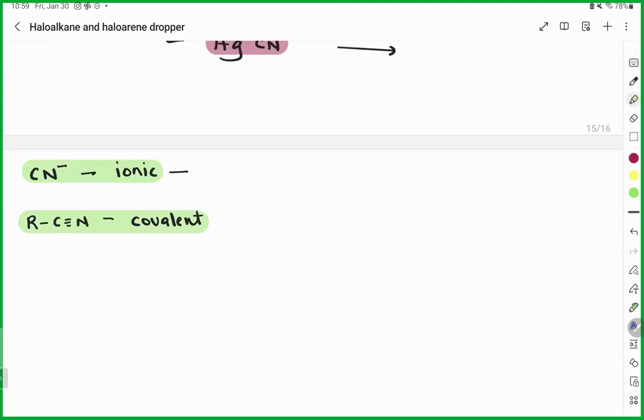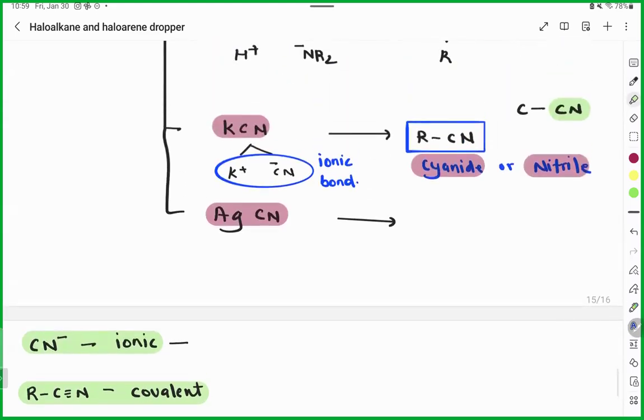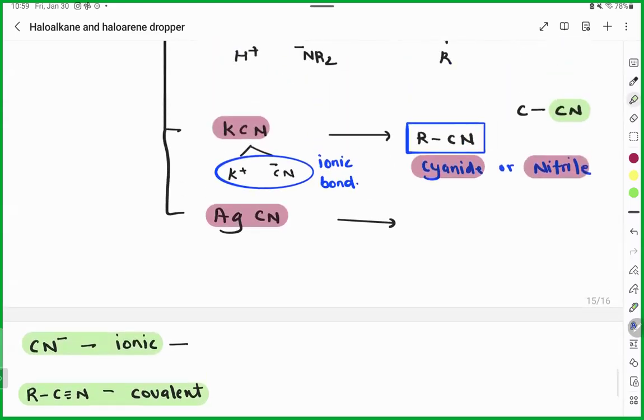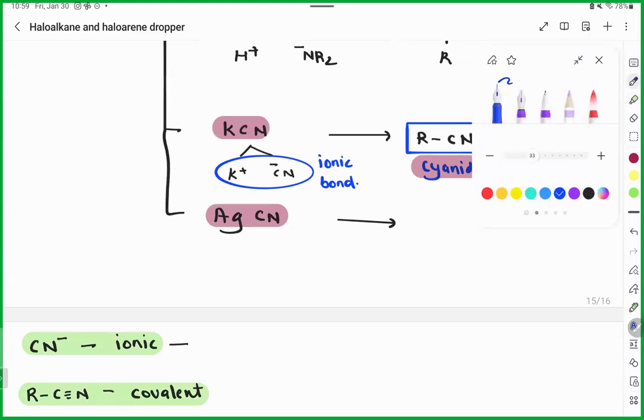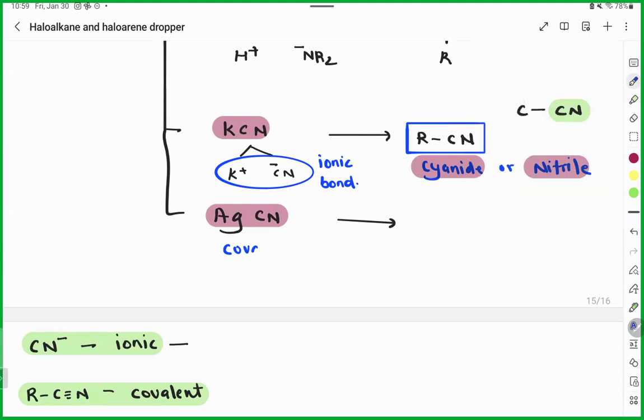Cyanide is ionic and RCN is covalent in nature. Here, KCN is ionic bond, but in AgCN you will consider covalent bond. That's why bond breakage between KCN and AgCN will not be exactly same.